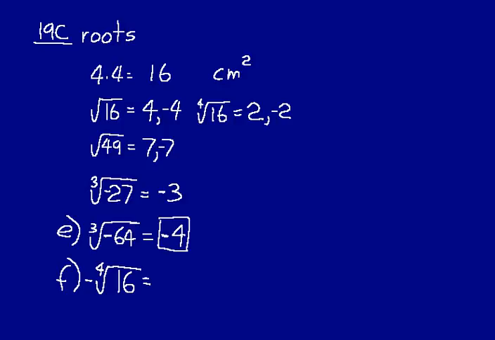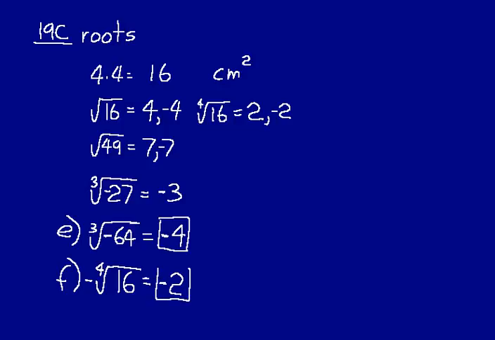In F, we have minus the fourth root of 16. So on this problem, what we'll want to do is ignore the negative sign for right now and just figure out what the fourth root of 16 is. Well, we did that earlier. We know the fourth root of 16 is 2. So we just write 2 down and then put the negative sign back in front.